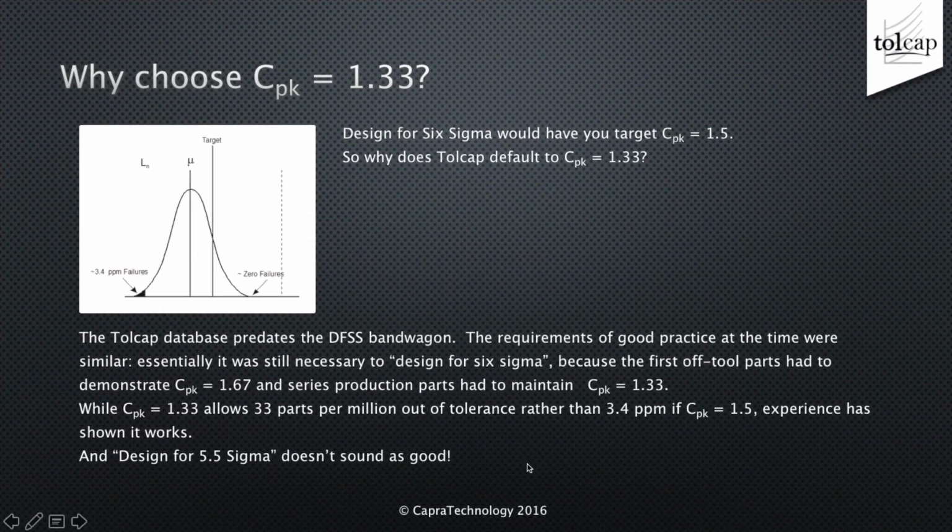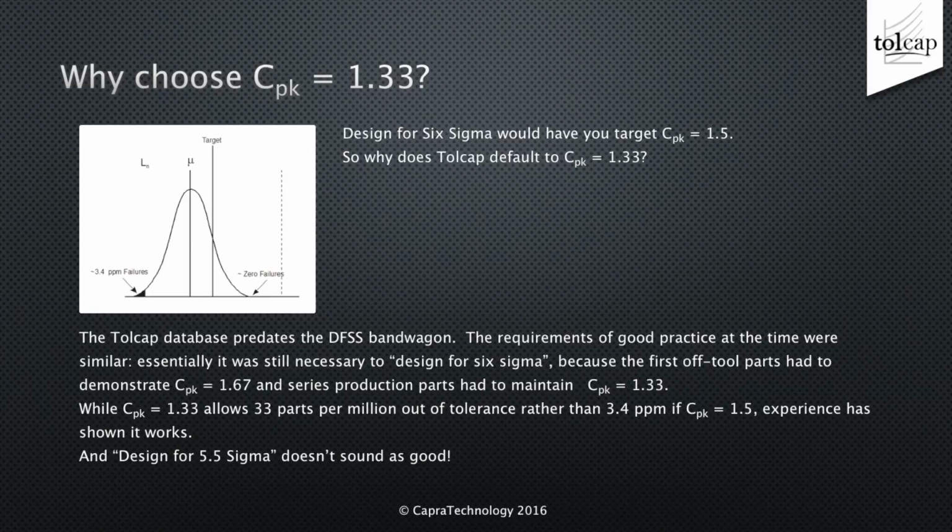You may well have noticed that Tolcap defaults to a target CPK of 1.33. Why? Well, the Tolcap database is well established and it predates the Design for Six Sigma bandwagon. The requirements of good practice at the time were similar.